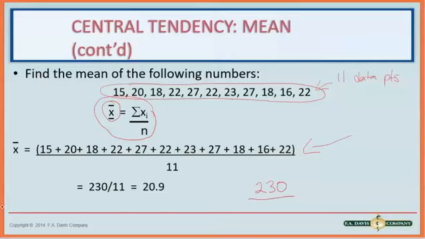Okay, and we're going to divide it by 11 because we have 11 total points, and that's going to get our average or our mean. So our mean is 20.9. And again, you can use average and mean interchangeably. It means the same thing. So this is our answer.